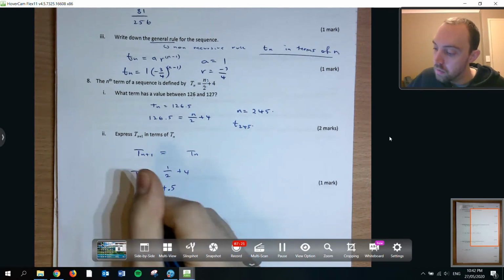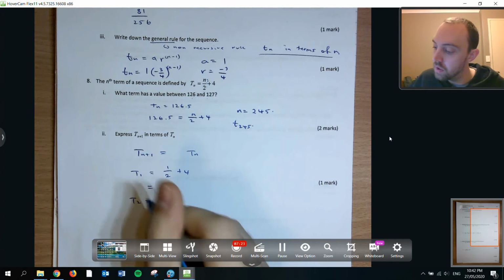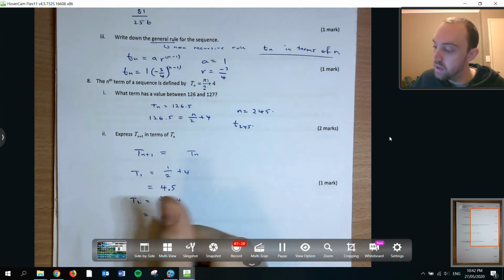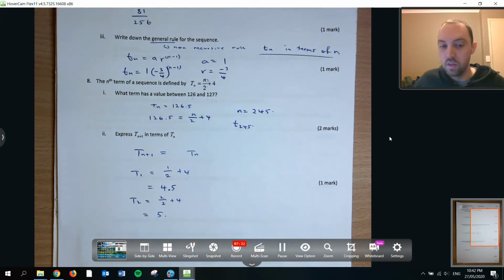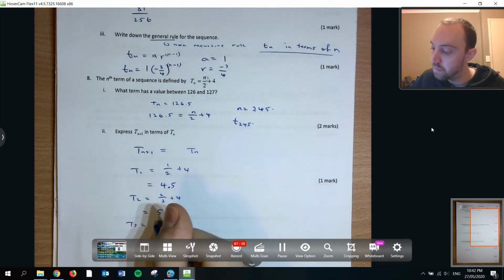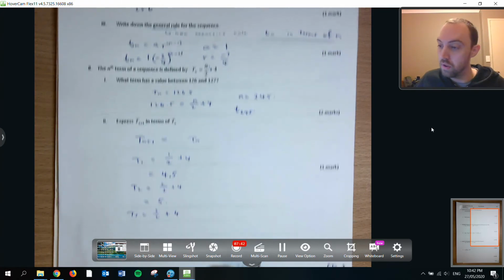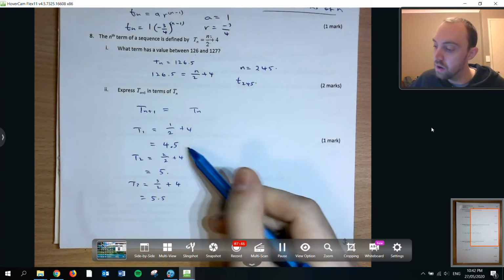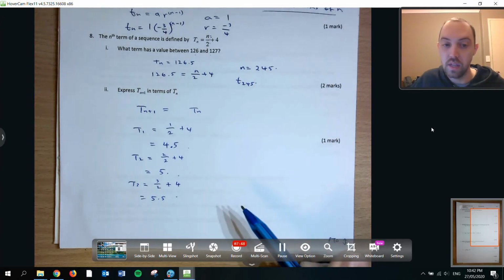And what about the next one? If I do 2 over 2 plus 4, then I've added another half, it becomes 5. Okay, now I'm thinking, what's that pattern involved in adding 0.5? Maybe I can check it again with 3. 1.5 plus 4 is equal to 5.5. Yeah, I can be pretty confident that I'm adding half with each step.